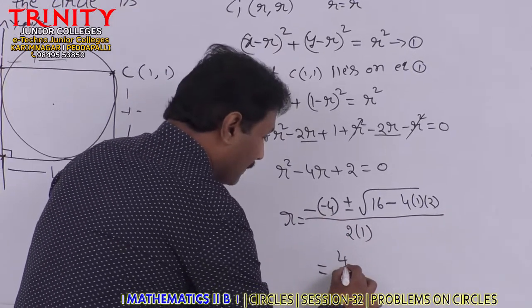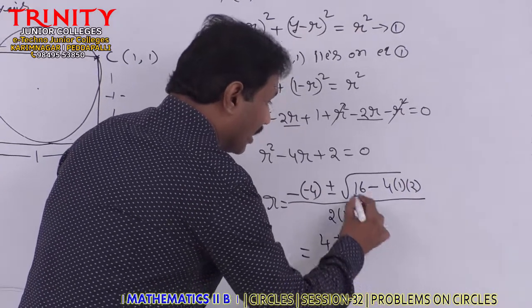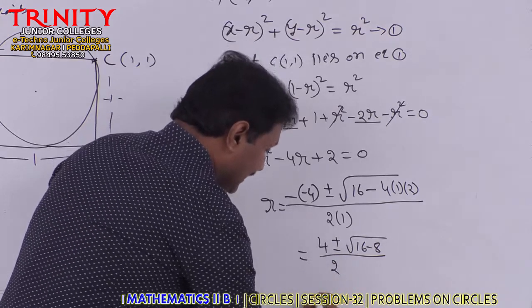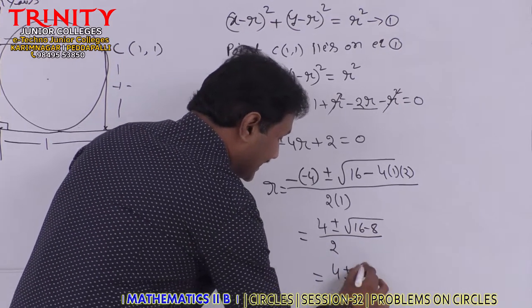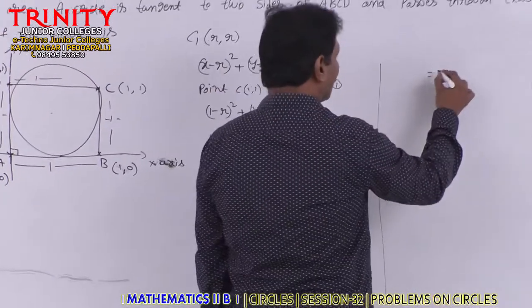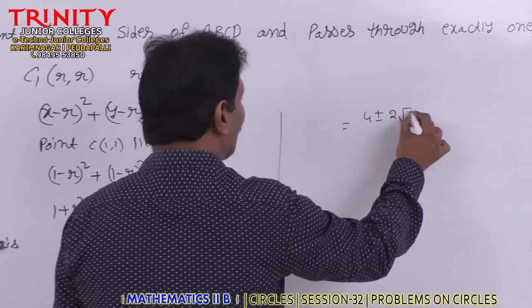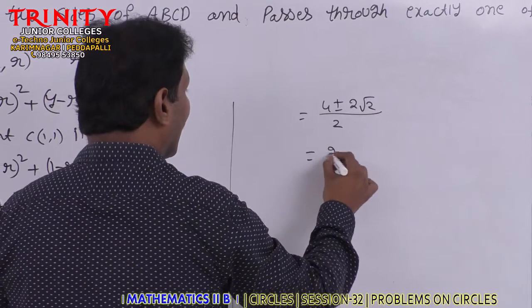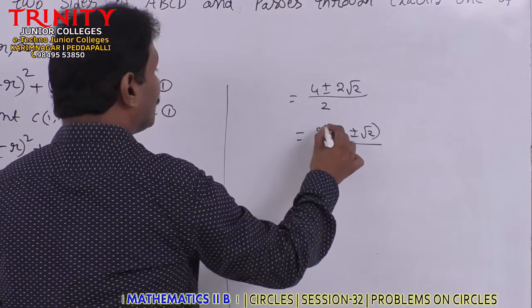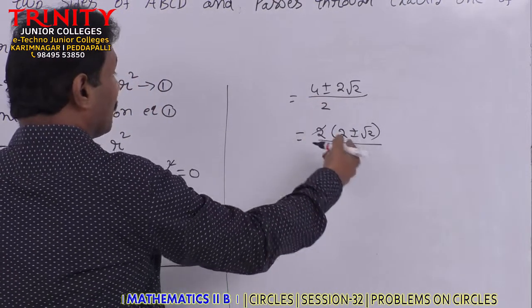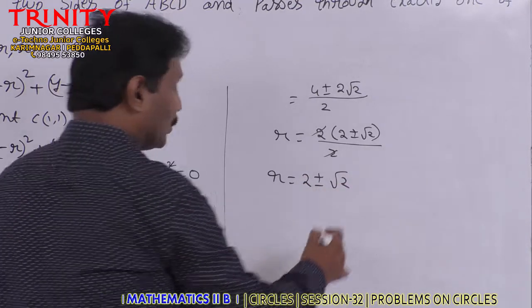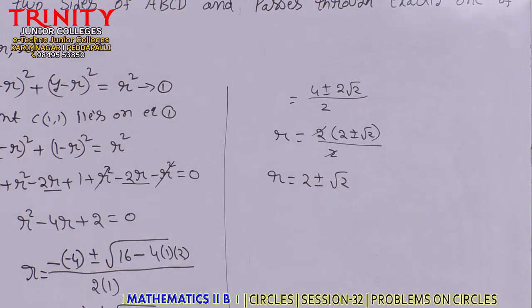So r equals 4 plus or minus root of 16 minus 8 by 2, that equals 4 plus or minus root 8 by 2, that equals 4 plus or minus 2 root 2 by 2. We take 2 common, 2 cancels, so r equals 2 plus or minus root 2.